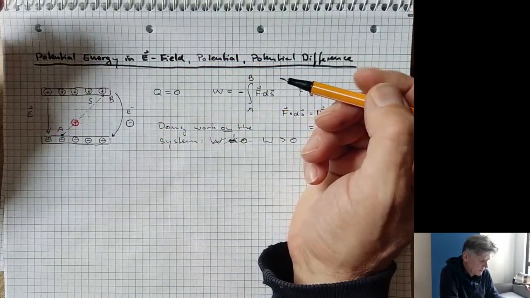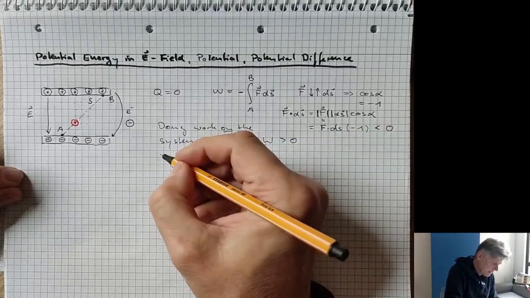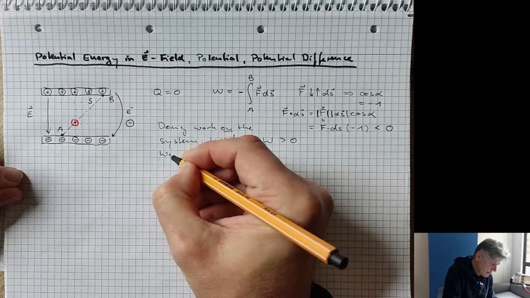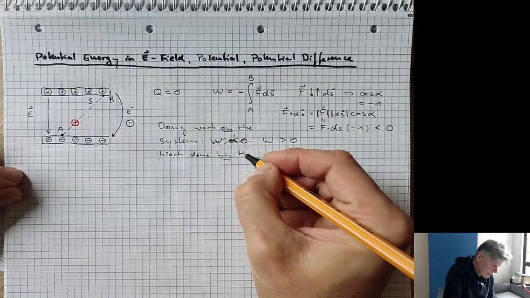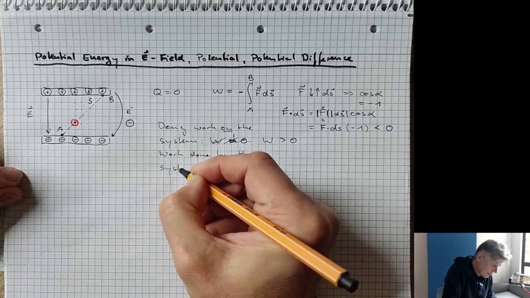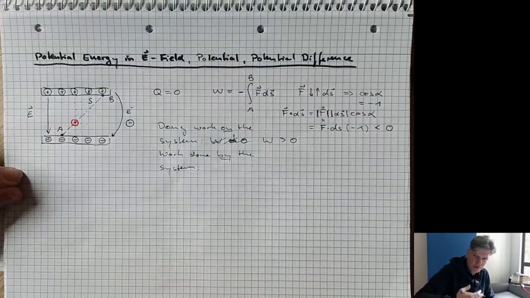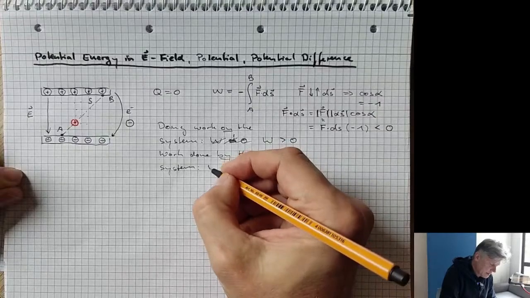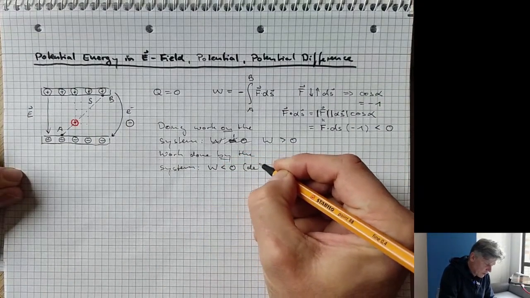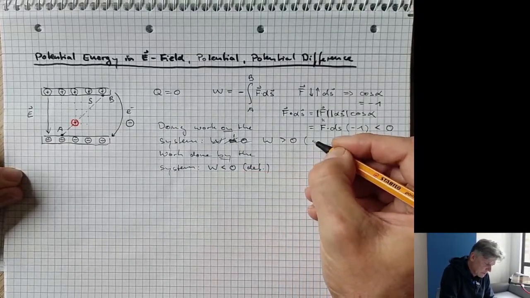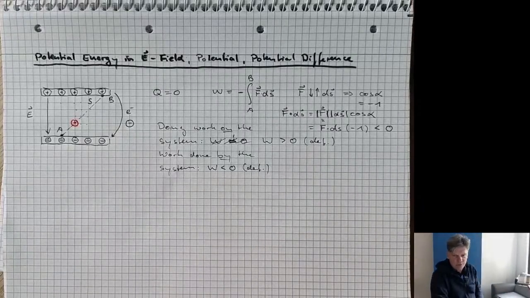Because we will discuss this a little later, why we want this to be. So doing work on the system and work done by the system. So when the system releases energy, when it does work and changes the outer world, that's our definition. So we want this to be negative and we want this to be positive. And we have good reasons for that, but we will come to this a little later.